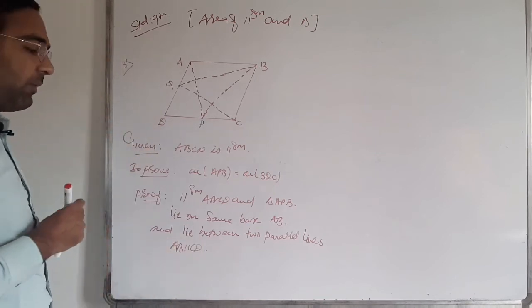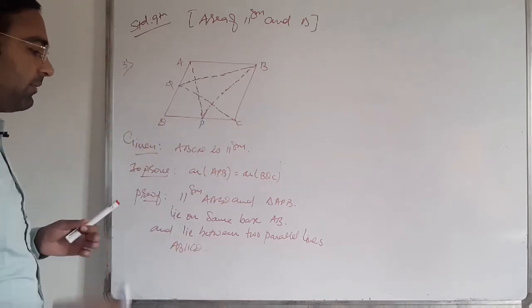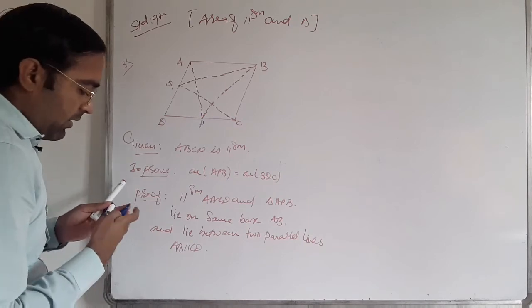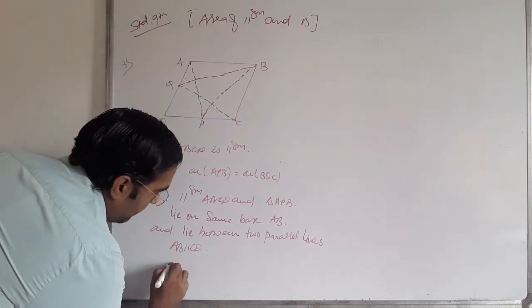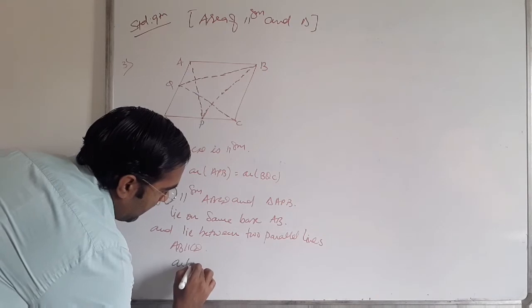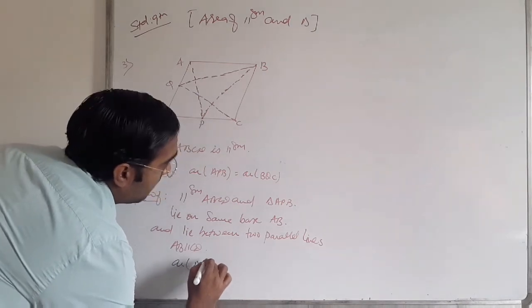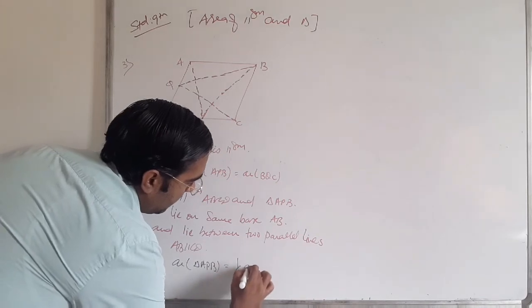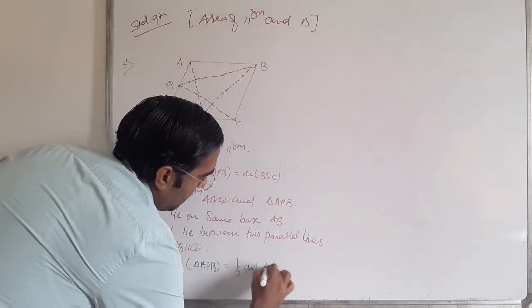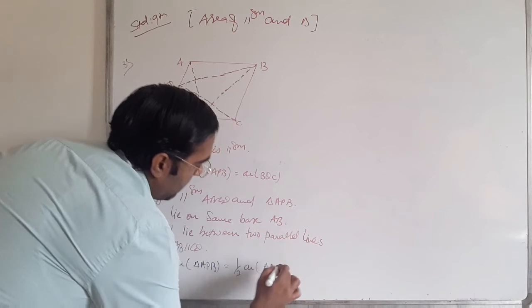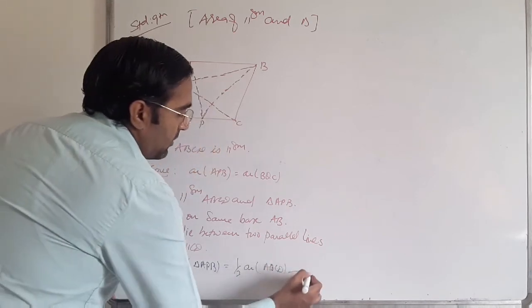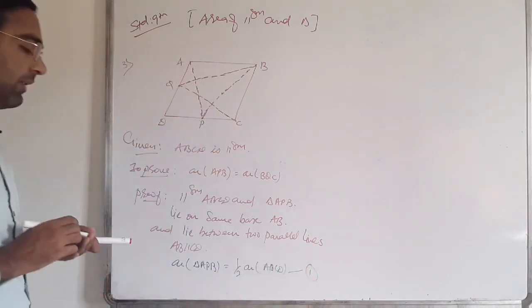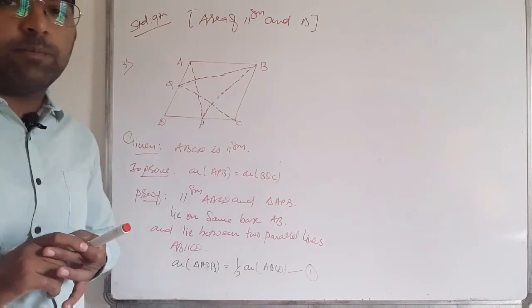Okay, so from this statement we have to say that area of triangle APB is equal to half of the area of parallelogram ABCD. Okay, so for this we have equation 1.